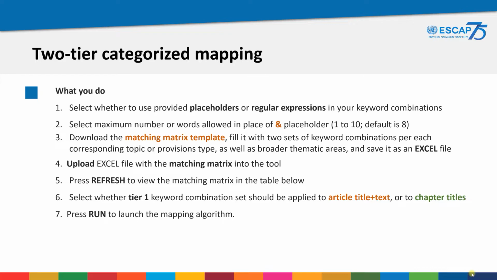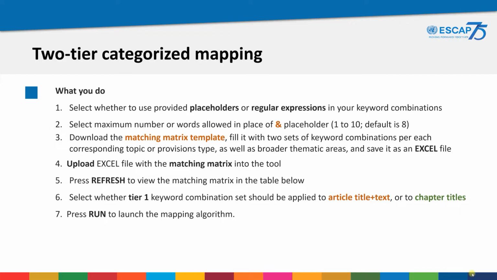It is different from the one that we already worked with. You will fill it with two sets of keyword combinations for each corresponding topic or provision type. And you have also an option to provide groupings into broader thematic areas.